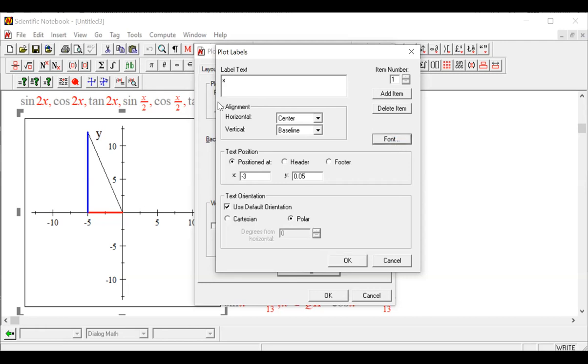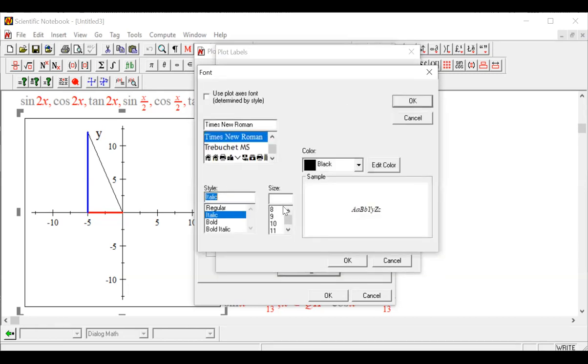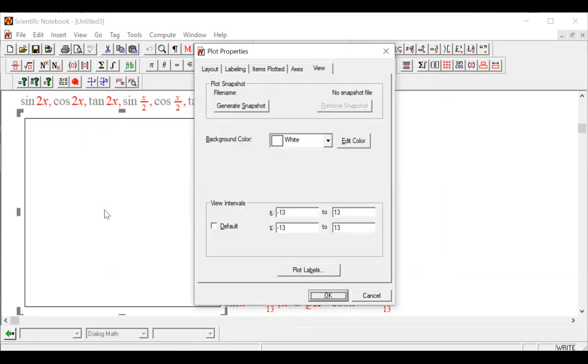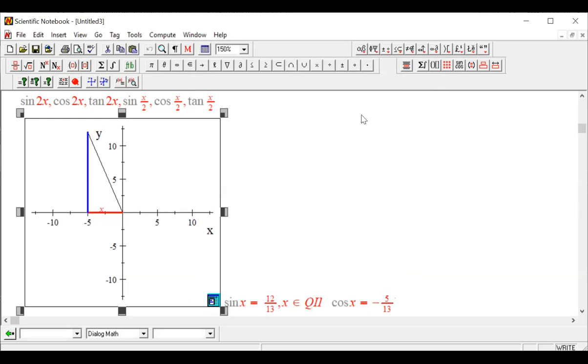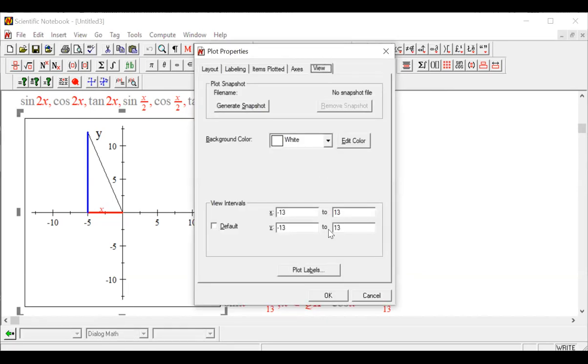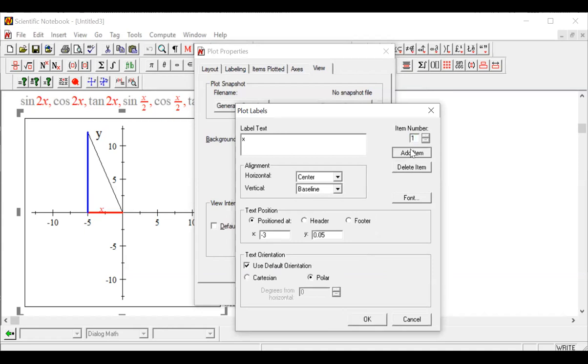The red piece x. So that piece is x. And the blue piece we already know, that's 12, right?